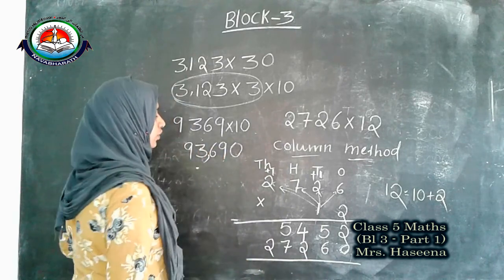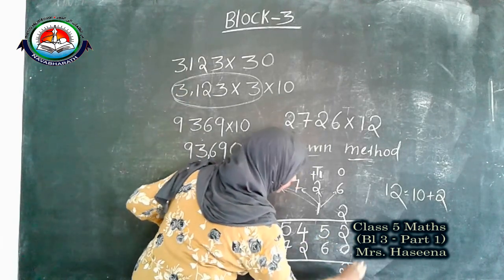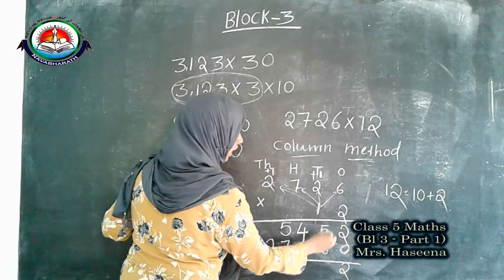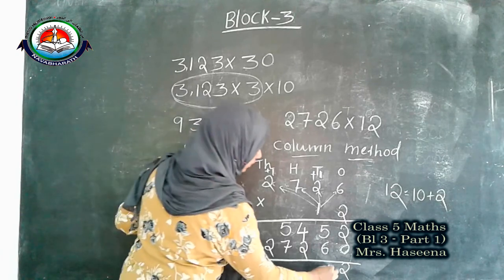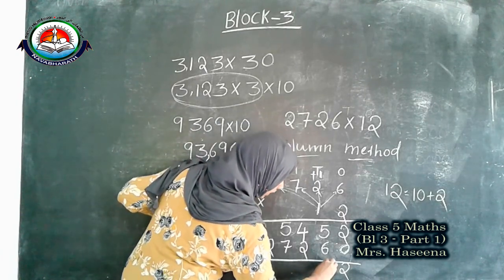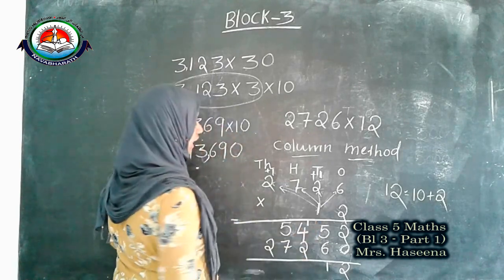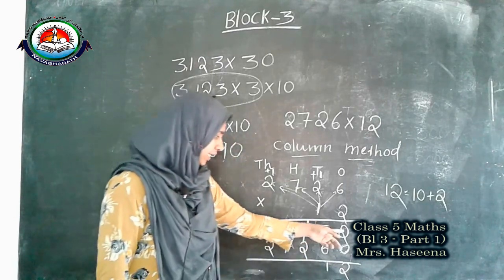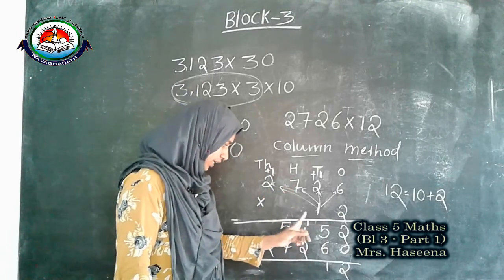Then add these numbers. Do you know how to add? 2 plus 0, 2. Then 5 plus 6, 11. 11, we can write only 1. What is the balance? 100, because this is the hundreds place only. So here 1 means 100.